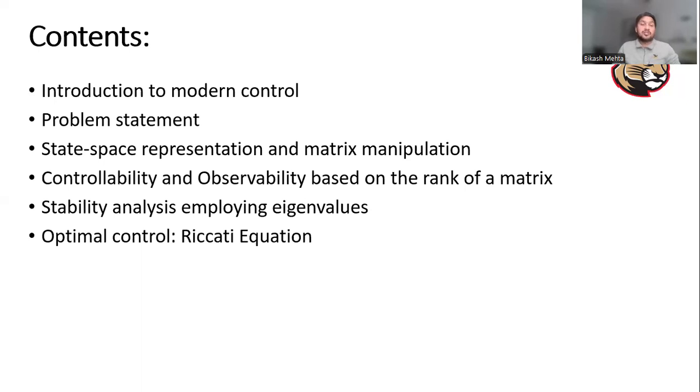How can we do the stability analysis by finding the eigenvalues of any state space matrices? And lastly, I will be talking about optimal control, like how do we find the optimal control gain in order to minimize the cost function that comes from the Riccati equation. I will be talking about all these topics in the upcoming slides.